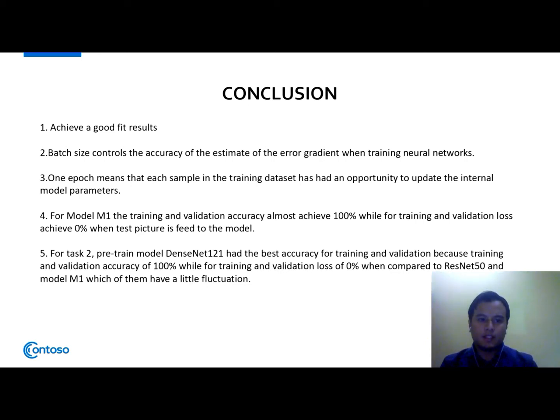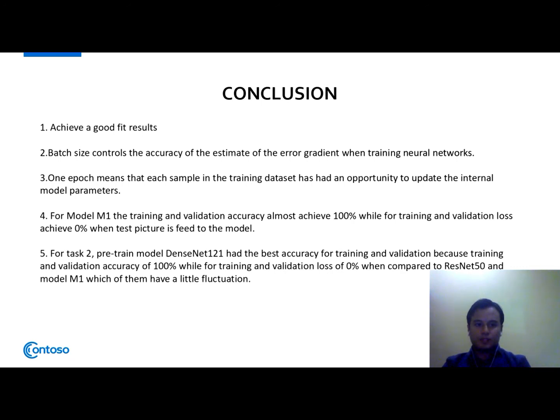Next, batch size controls the accuracy of the estimate of the error gradient when training a neural network. The default batch size was 32, but we decided to change it to 2 because smaller batch sizes are noisy, offering a regularizing effect and lower generalization error, and make it easier to fit one batch worth of training data in memory.